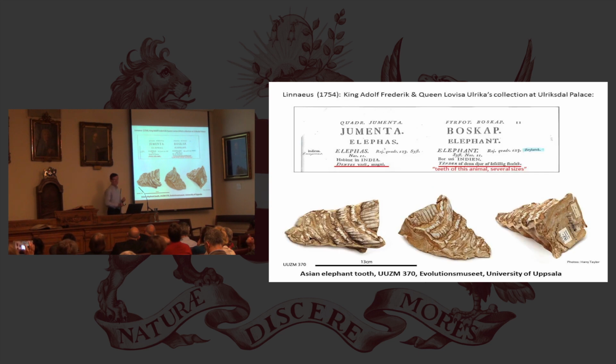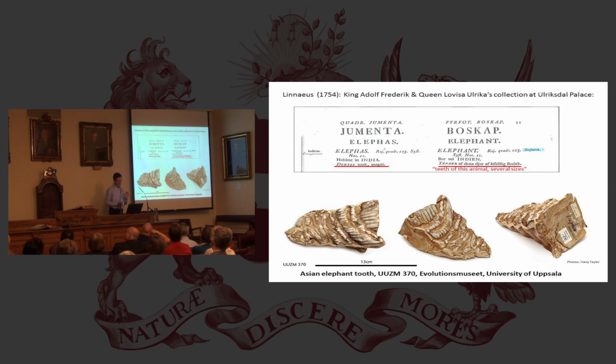Now, in addition to the fetus and those illustrations, Anthea, in her work on the Linnaean types in Sweden, encountered this small fragment of an elephant molar, which is identifiable as Asian elephant. You can tell that because of the wiggly nature of the enamel.